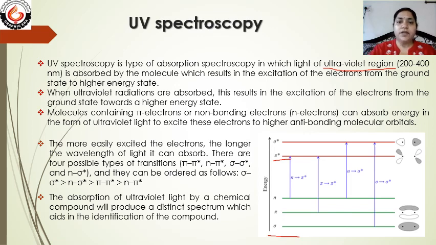So with the help of UV spectroscopy, we can differentiate between different types of compounds. We can know whether the compound has a double bond, single bond or non-bonding electrons, because each type of molecule will show a different pattern in the spectrum.